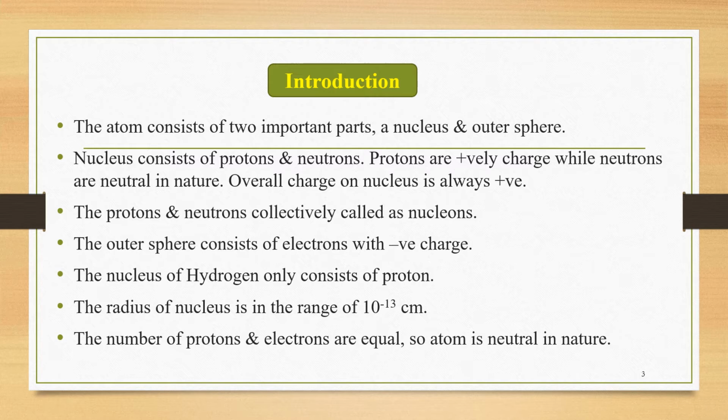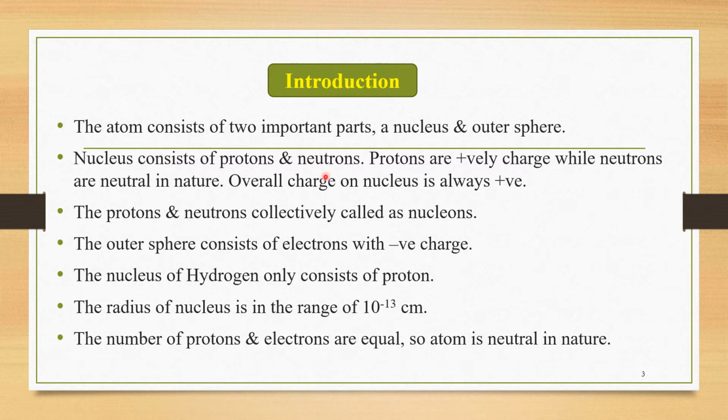So we are interested to know what is meant by an atom and what the constituents of the atom are. The atom consists of two important parts, a nucleus and an outer sphere. Nucleus consists of protons and neutrons. The protons are positively charged while the neutrons are neutral in nature. Overall charge on the nucleus is always positive.